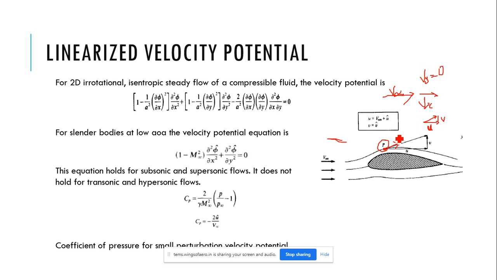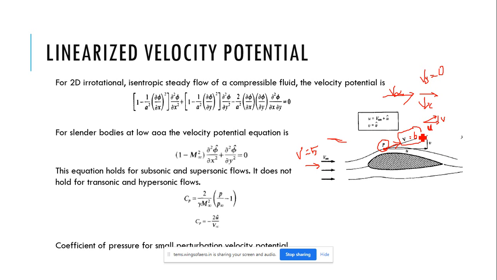Consider here the velocity is v equal to 5 meter per second. Suppose over the airfoil, definitely there will be some change in velocities, because here the velocity will be 6 meter per second, or 5.5 meter per second. There is a change in velocity. This change in velocity has happened because of the increment in the velocity, that is because of perturbation.